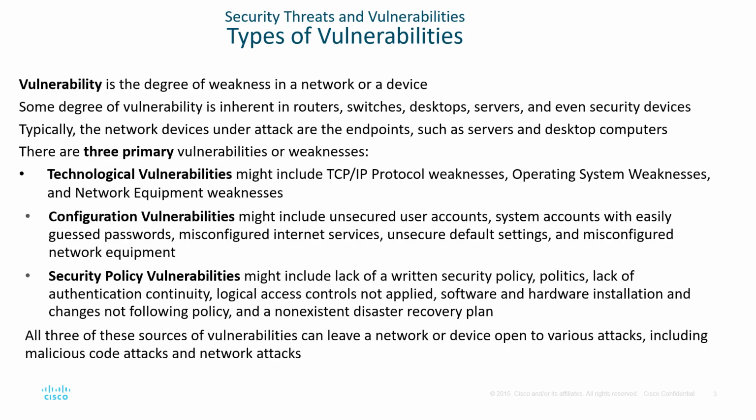First one is technological. These might include things like TCP/IP protocol weaknesses, operating system weaknesses, and network equipment weaknesses. So, again, always testing your TCP/IP protocol stack and operating system weaknesses.